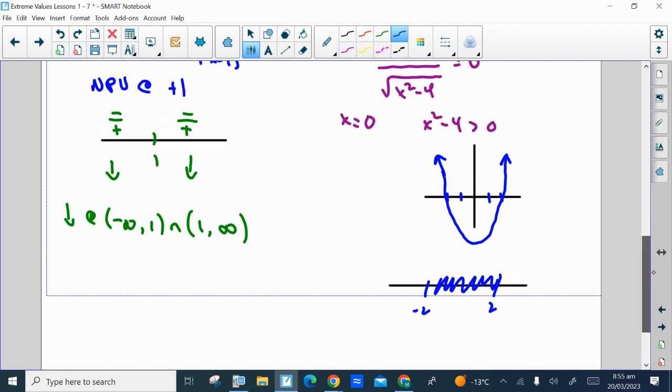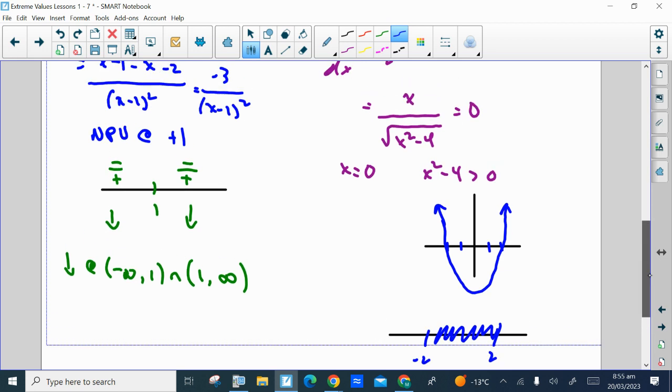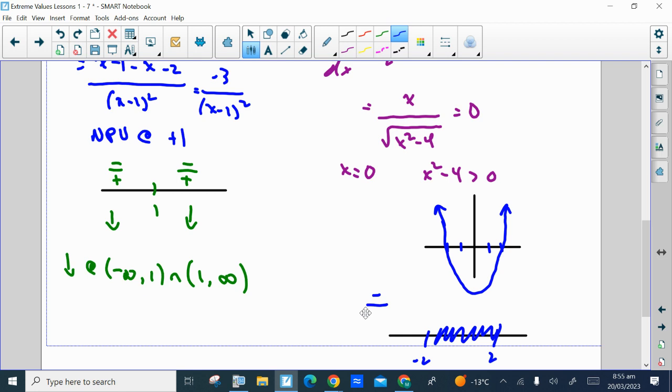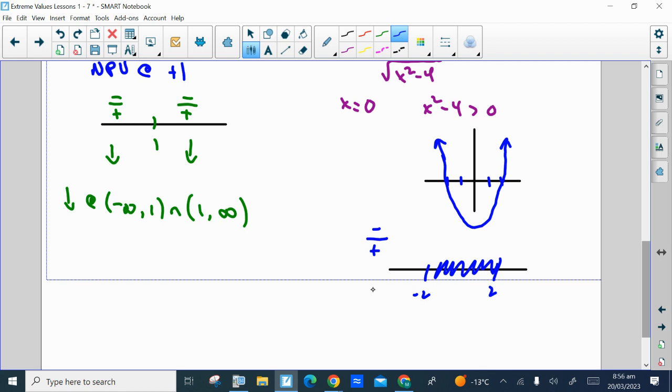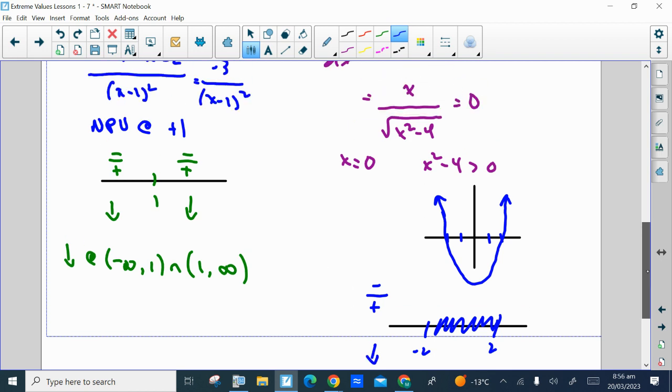If we use a number there like negative 3, for example, the top number will be negative. When x is negative 3, the bottom will be positive. Negative 3 all squared is 9. Take away 4 is positive 5. The root of positive 5 is a positive decimal. But it's a negative divided by a positive, which is a negative, so the function is decreasing there.